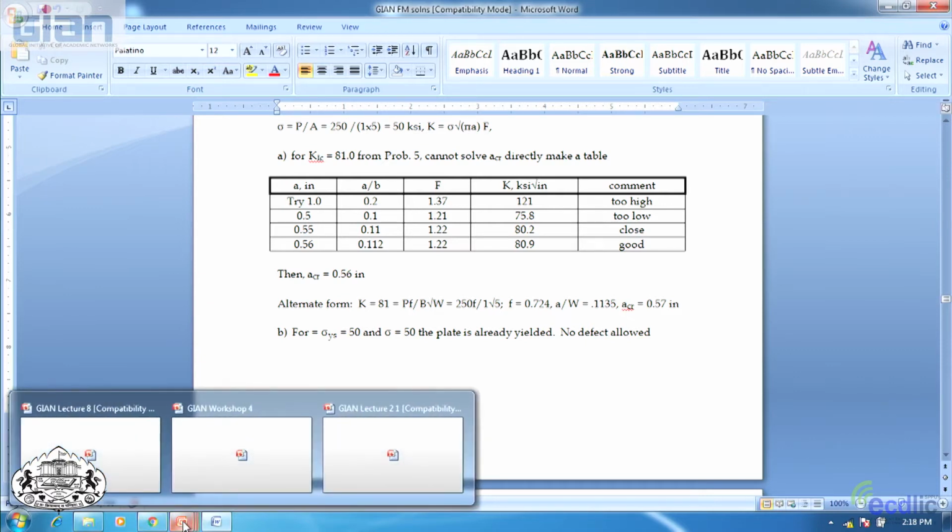For this F value, we have to use this function, 1 minus A upon B to the power 3 by 2, right? But we are getting slightly different values than that one. Yeah, you probably would be. It depends how you read the graph. We are getting F for A equal to 1, F is 0.98.